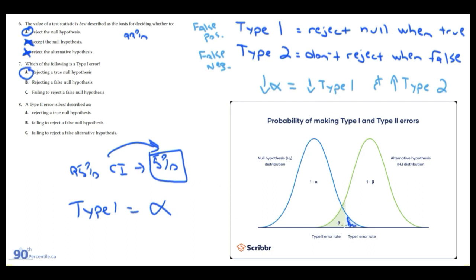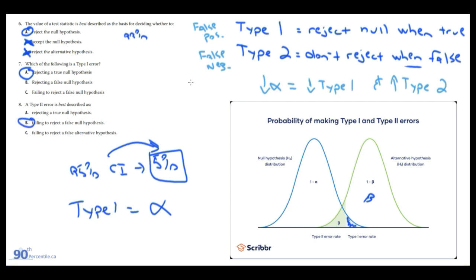The type 2 error is a bit more complex. It's measured by beta, and the actual calculation of this is very stats heavy. It's outside of the scope of the CFA curriculum, but all you have to know is that type 2 is a false negative. So failing to reject a false null, so B.